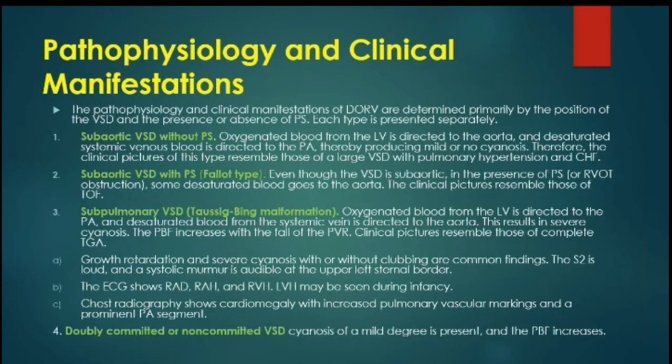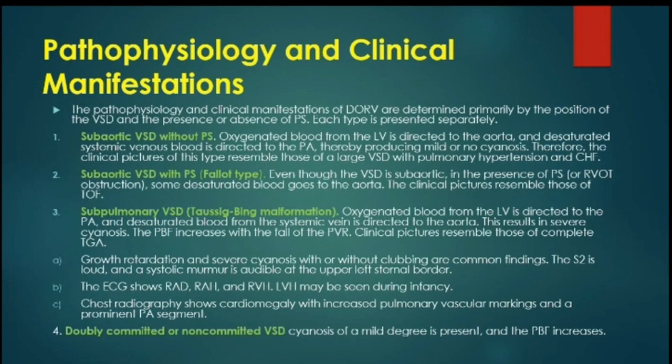So according to these different pathologies and the types of VSDs and the presence of pulmonary stenosis, the pathophysiology and clinical manifestations of the double outlet right ventricle present. First, the subaortic VSD without pulmonary stenosis.